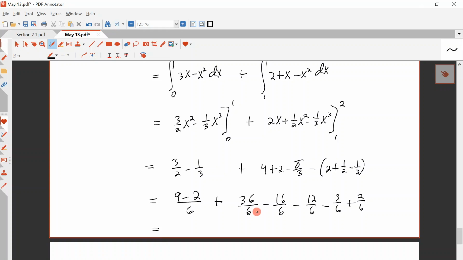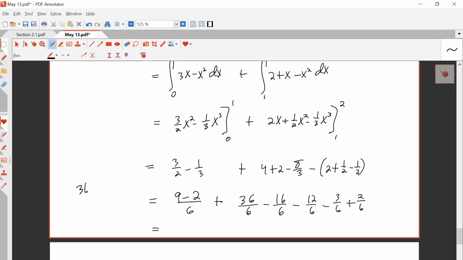So what do we have here? 36. So that's 18 minus 21. All right, 36 minus 21. The minuses are minus 16 minus 12 is 28 minus 31.